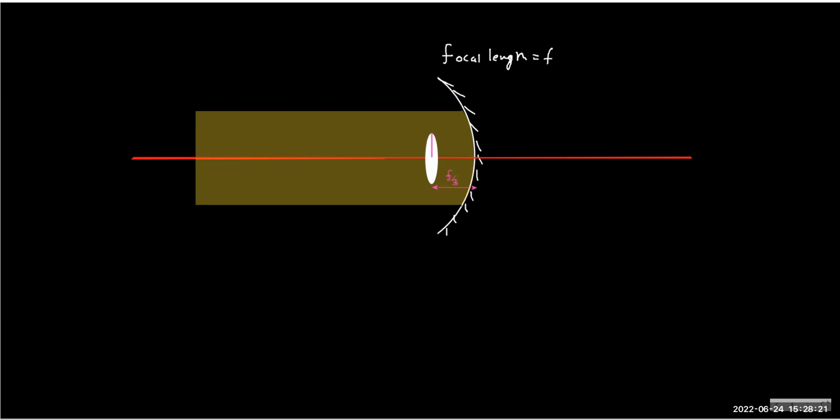And the beam is also circular. Of course, beam is circular. And the beam radius is capital R.